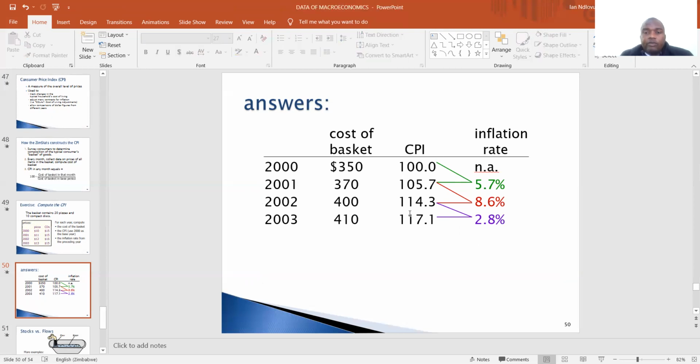But the calculation of the inflation rate depends on which year you actually choose to calculate the inflation rate.